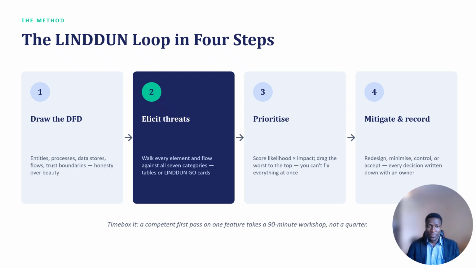Step 2, this is the heart of Linddun, and this is where most of the work is done. Elicit threats: work every element and every flow against the 7 Linddun categories in the previous slide. So at this stage, based on what has been drawn on the data flow diagrams, we walk through every step and try to bring out threats that match the Linddun categories.